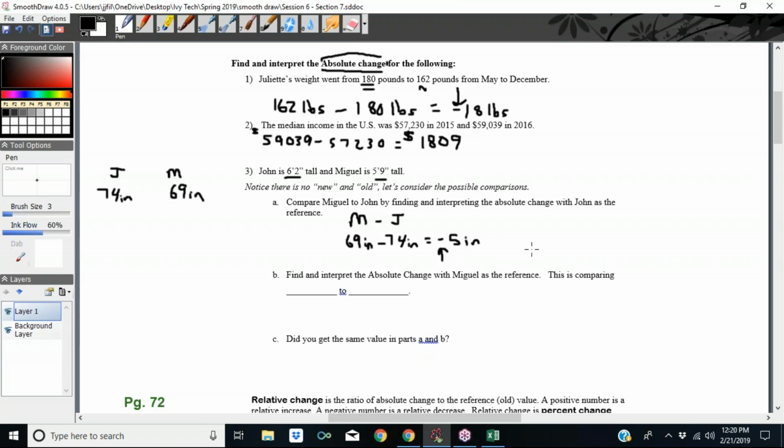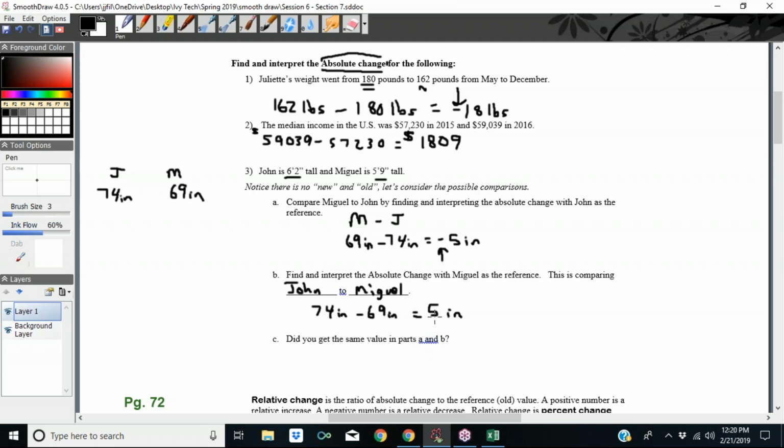So part B says, find and interpret the absolute change with Miguel as the reference. And we want to answer this question. This is comparing John to Miguel. So now Miguel is the reference. So we're going to do John minus Miguel. And this time we get positive 5 inches.